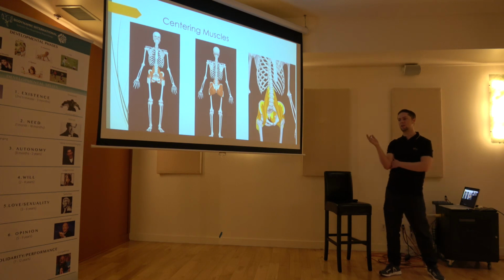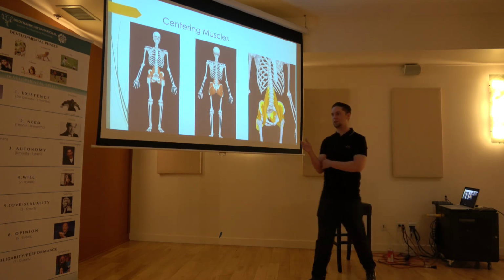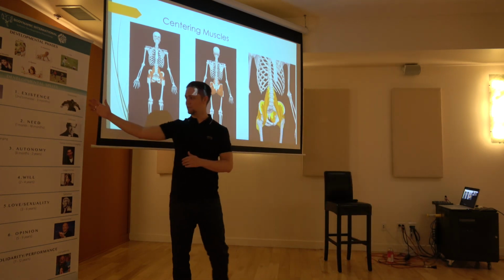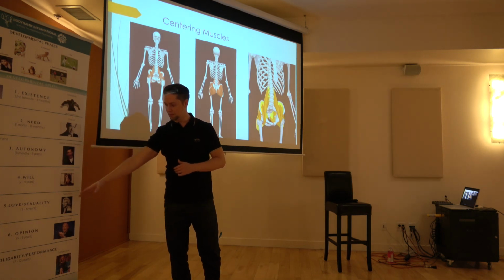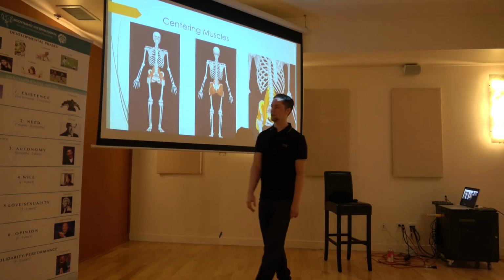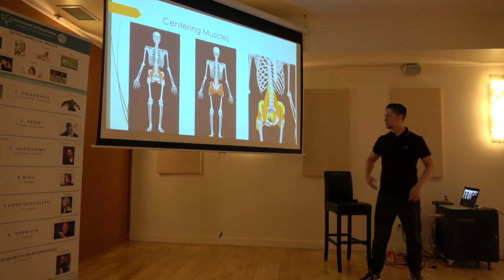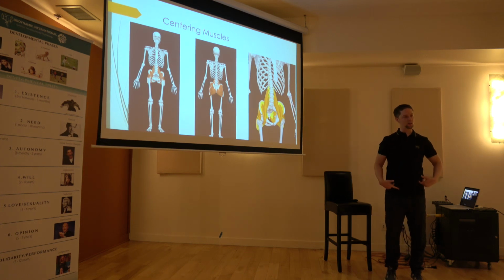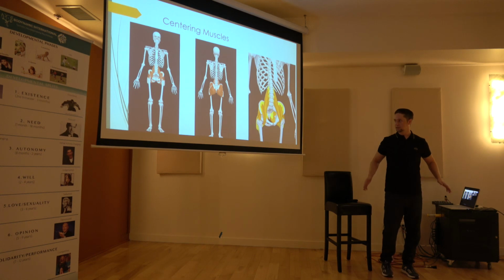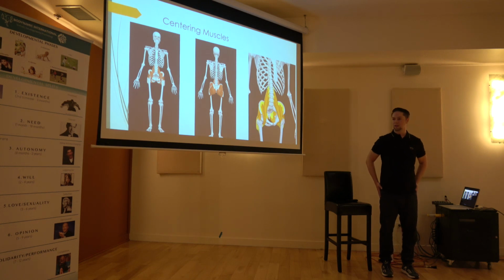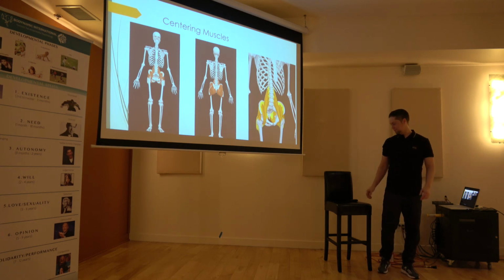So you have a centering muscle for existence, need, autonomy, will, love, sexuality, opinion, and solidary performance. Psoas is a centering muscle for autonomy, for your impulses. Gluteus medius is a centering muscle for sensuality and love. And gluteus maximus is a centering muscle for solidary performance.